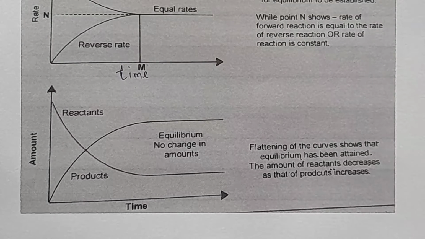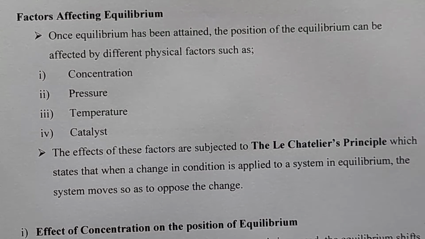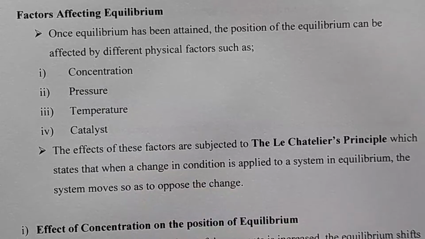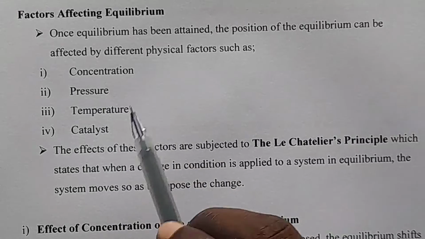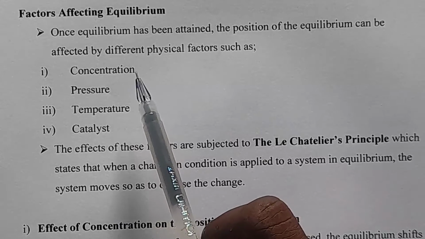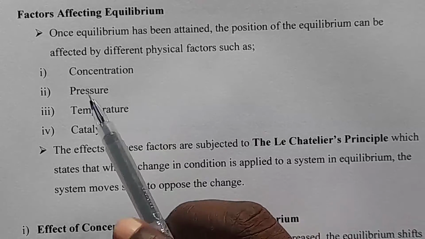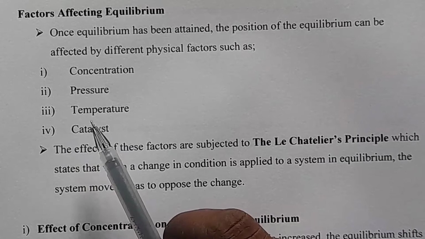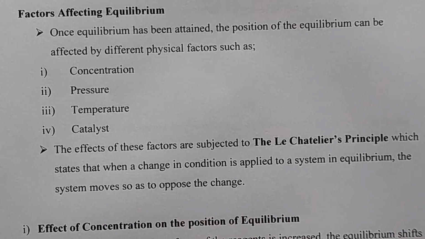Okay, we move. So next we are going to go to factors affecting equilibrium. So we are told once equilibrium has been attained, the position of the equilibrium can be affected by several physical factors, such as 1, concentration, 2, pressure, 3, temperature, 4, we have catalyst.